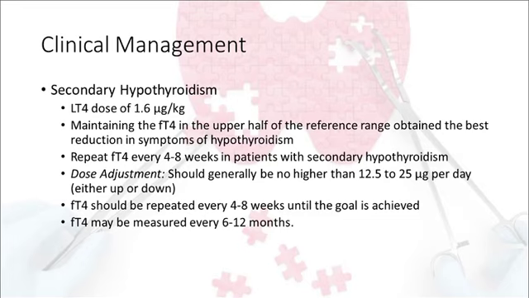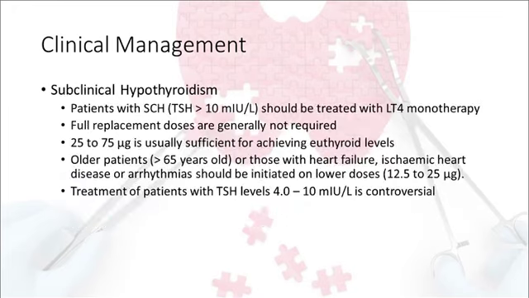Dose adjustments should generally be no higher than 12 to 25 micrograms per day, either up or down. Free T4 should be repeated every 4 to 8 weeks until the goal is achieved. Thereafter, free T4 is measured only every 6 to 12 months.